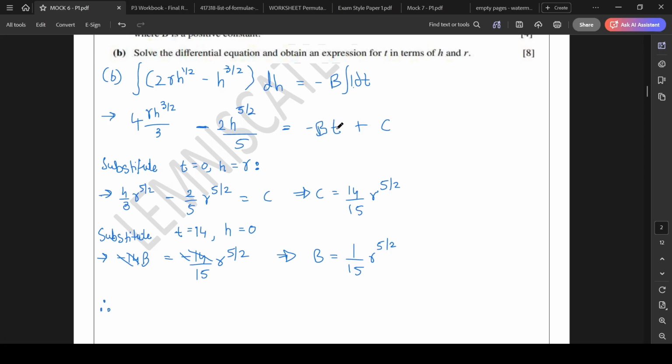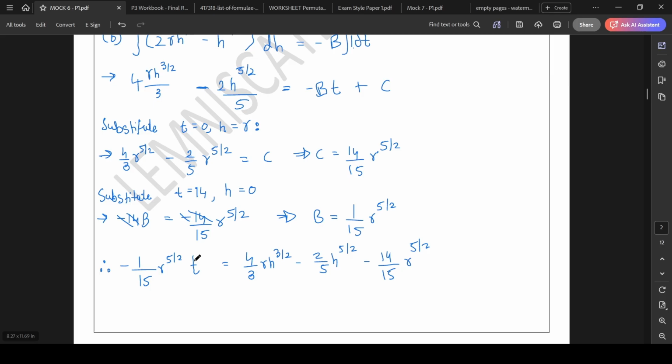Minus b times t, so minus 1 over 15 r to the power of 5 by 2 multiplied by t is equal to, I'm going to shift c on the left hand side. So it is going to become 4 by 3 r h to the power of 3 by 2 minus 2 over 5 h to the power of 5 by 2, and then this will become minus 14 over 15 r to the power of 5 by 2.